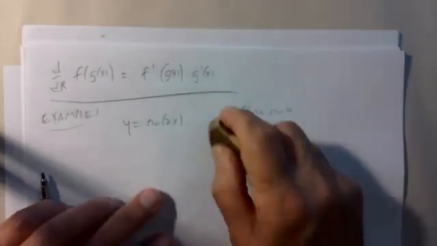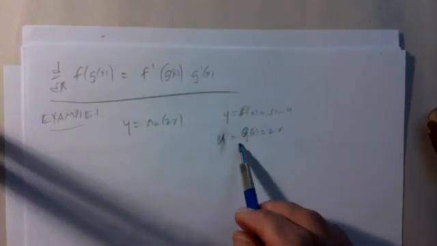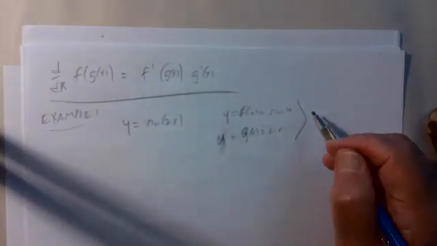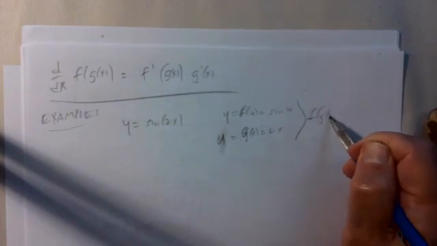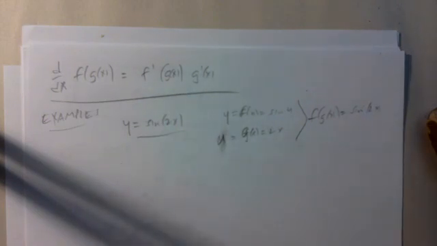So if you compose these two, f of u is sine of u, g of x is 2x. So when you put them together, f of g of x is the sine of 2x.